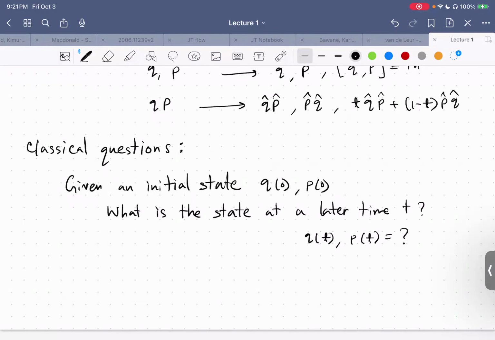So these are the kind of things that we want to answer. And so how do we answer these questions? We basically solve Hamilton's equations of motion. So there is some function H called the Hamiltonian, which is a function of q and p. And from it, you can write down some first order differential equations.